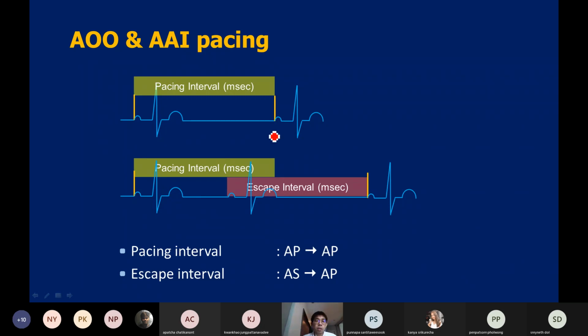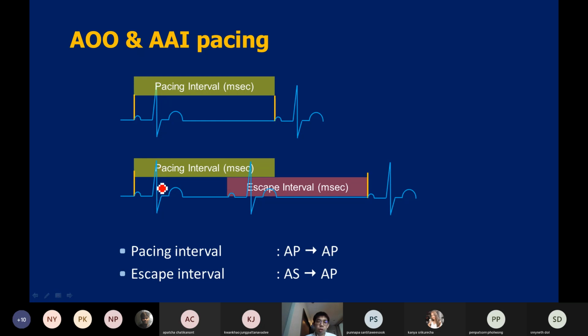Here, this is the atrial spike, which captures the atrium, and the interval between two pacing spikes that we program is called the pacing interval.